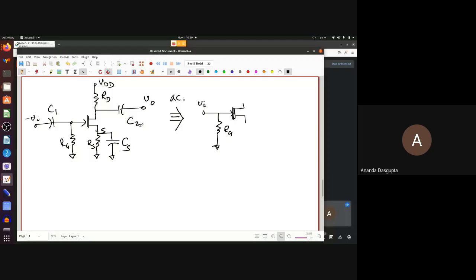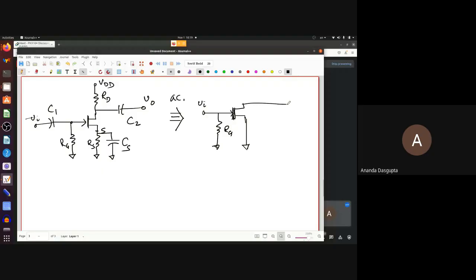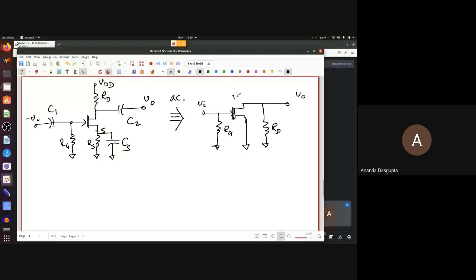But now RS has been shorted out, so the source is connected directly to the ground. This is VO. No capacitor here, shorted out again. RD. Because VDD is shorted to the ground, it comes between the drain and ground. Done.